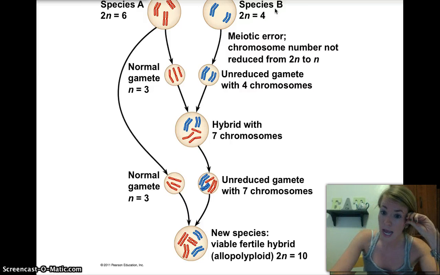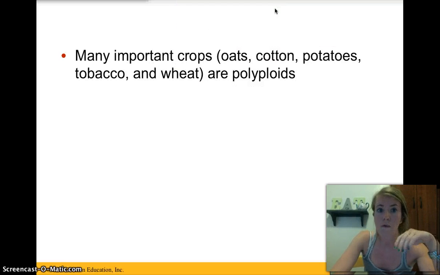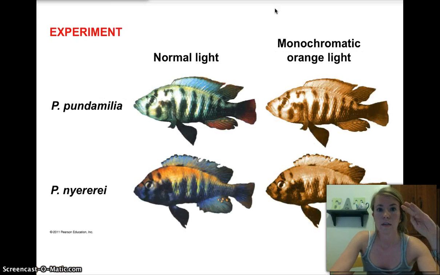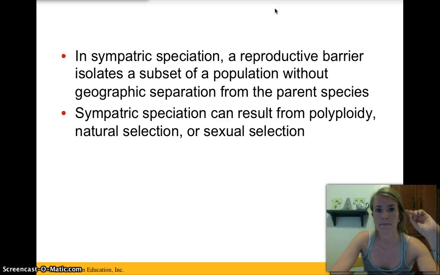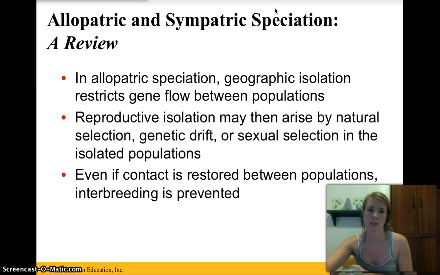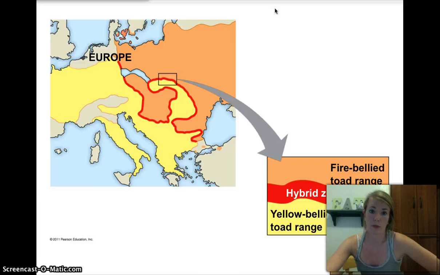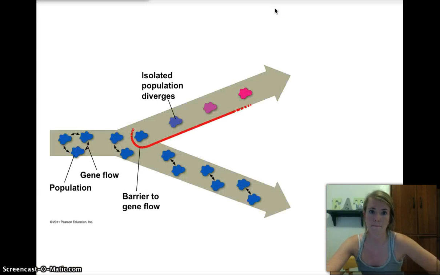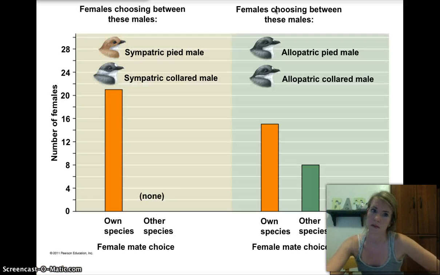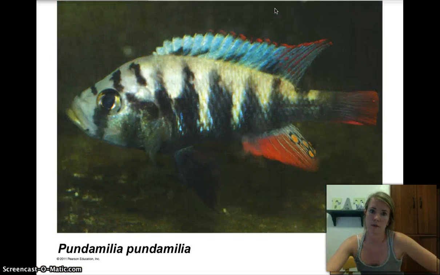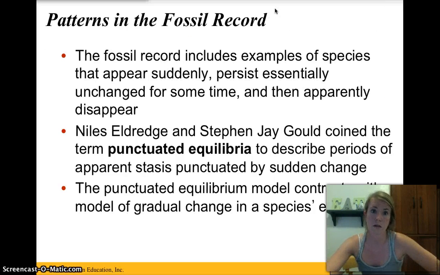Okay, so that would be sympatric speciation. Look over this, a review between allopatric and sympatric speciation. We're skipping 24.3 and getting on to 24.4.